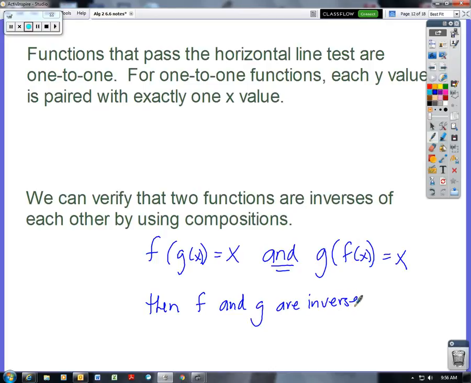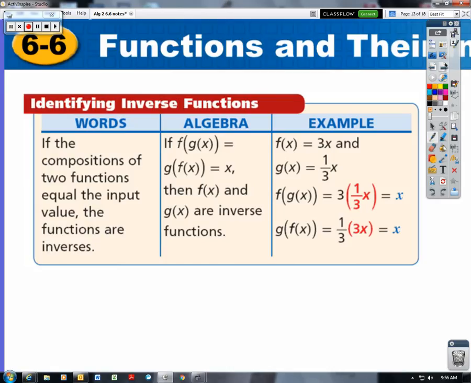So that's a new way to test to see if two functions are inverses. Compose them both ways, and if you get x both times, then you have inverses.